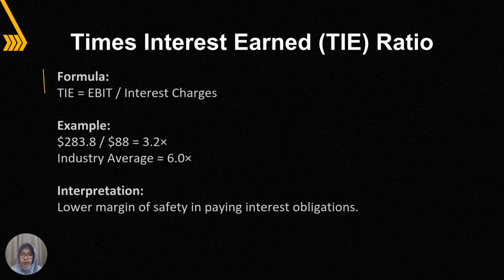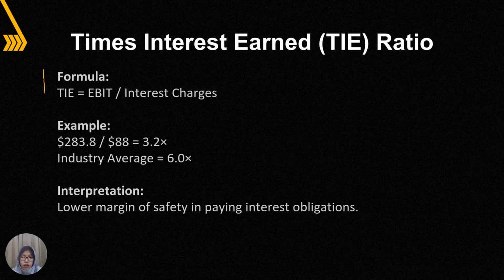So the formula is equal to earnings before interest and tax divided by interest charges. So using the values, our EBIT is 283.8 and our interest charges is 88. So the TIE ratio would be 3.2 times, while the industry average is only 6 times.